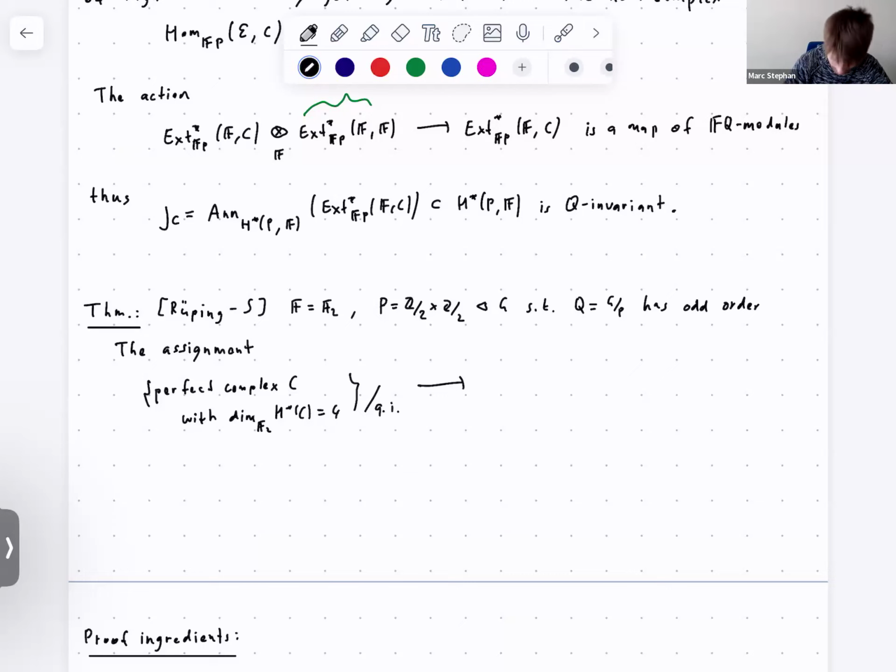These are classified by some integer and then a Q invariant parameter ideal in the group cohomology.